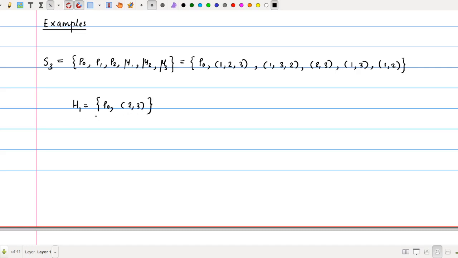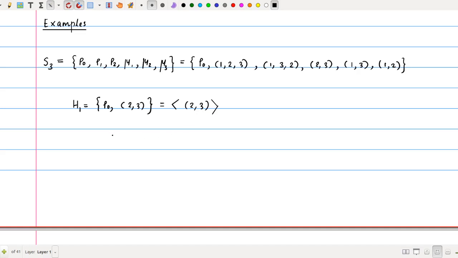This is obviously a subgroup, the subgroup generated by the element (2, 3). It is also the smallest subgroup of S3 containing (2, 3). I have repeated these things because this is very important.